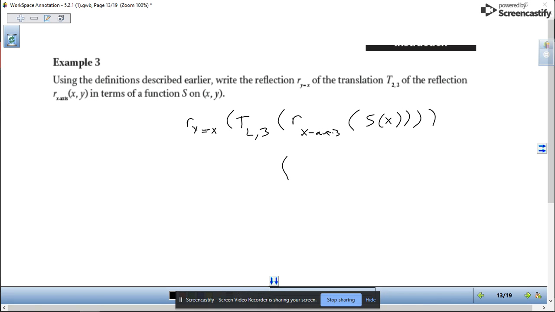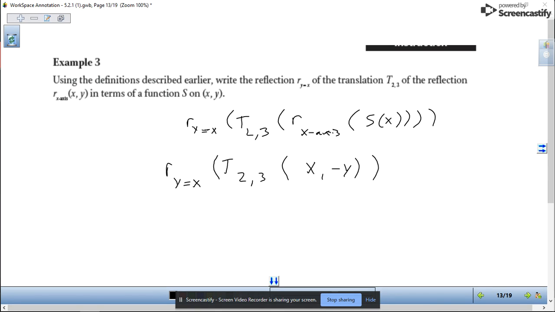So that becomes (x, -y). Then we're going to do a translation, T(2, 3) on that.